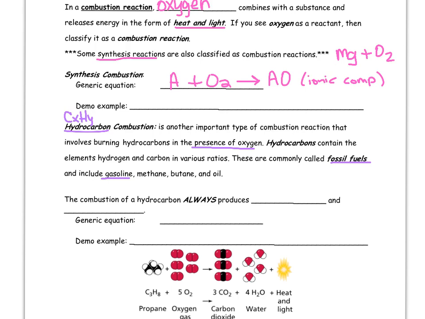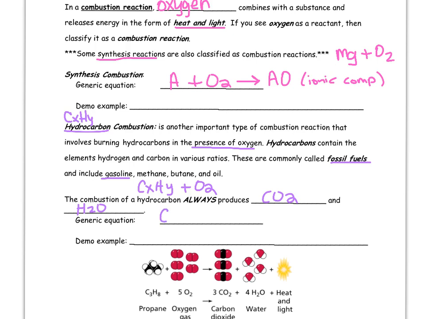The combustion of a hydrocarbon is really easy because it always makes the same two products. Anytime I take the hydrocarbon and add it to oxygen, I always make carbon dioxide and water. We're rearranging, taking the carbons and combining them with oxygen, and taking the hydrogens and combining them with oxygen.